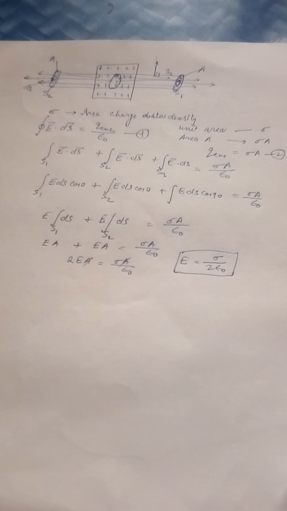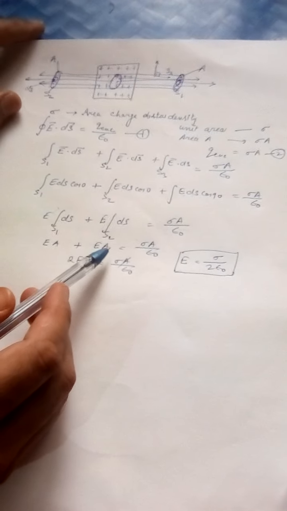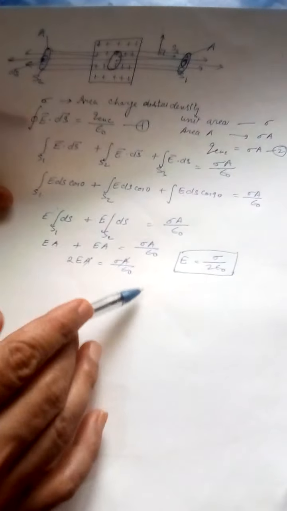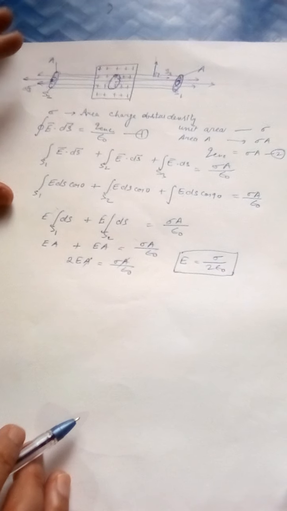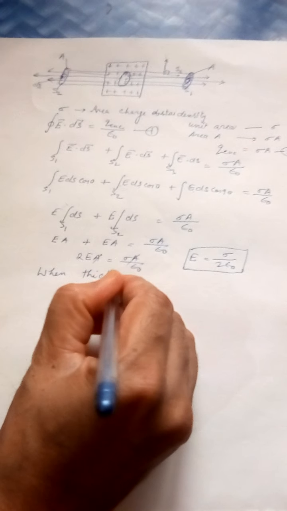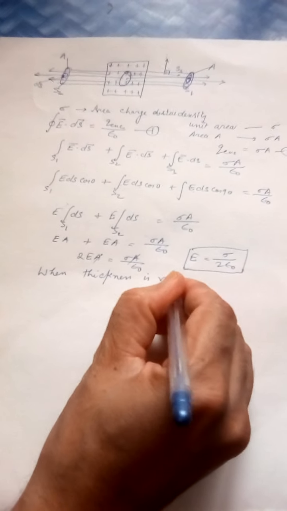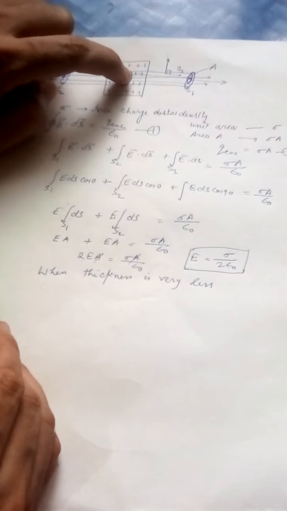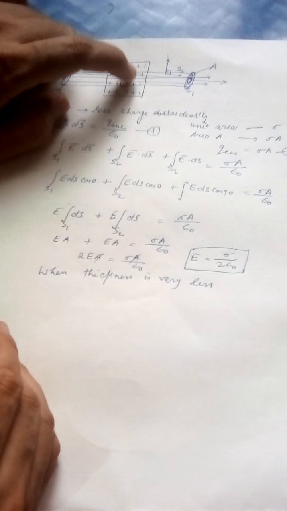But in different cases, when it is given that charge is distributed over a sheet whose thickness is negligible, it means the charge is not on the surface; the charge is between the two surfaces, embedded inside. When the thickness is very small, in the previous case we considered that charge is present in the front face and also in the back face.